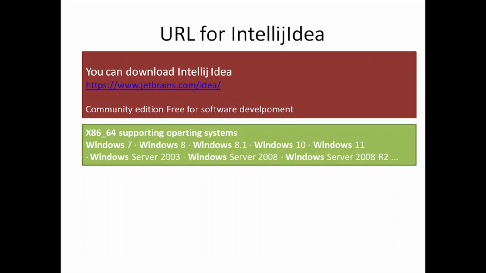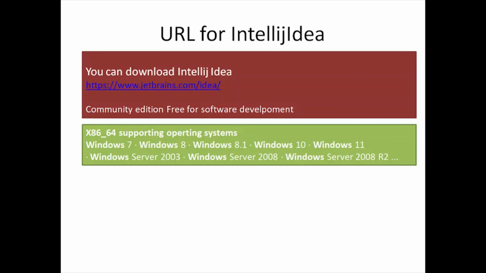Now the next question is from where we will download IntelliJ IDEA. This is the URL. Simply go to Google and use it: https://www.jetbrains.com/idea/. This is the URL for downloading IntelliJ IDEA on your system.